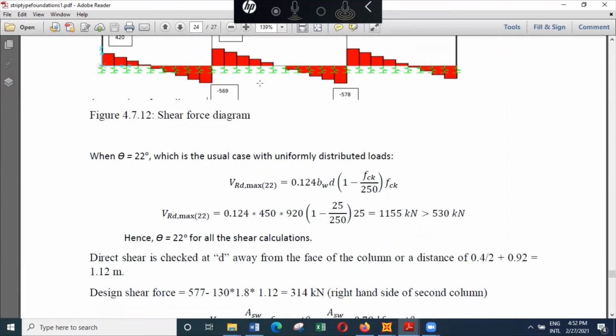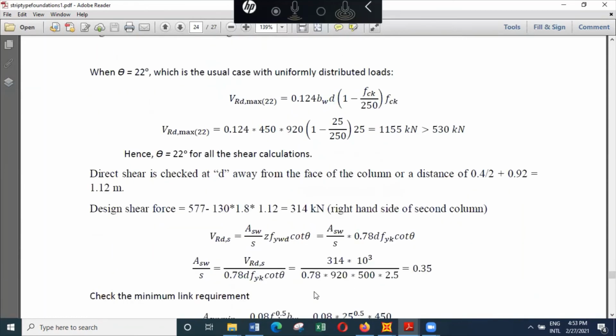Width of the base is 1.8. The length to this particular critical section is 1.12. So once you deduct the upward force from the shear force, you can find the shear at this particular location, which is about 340.